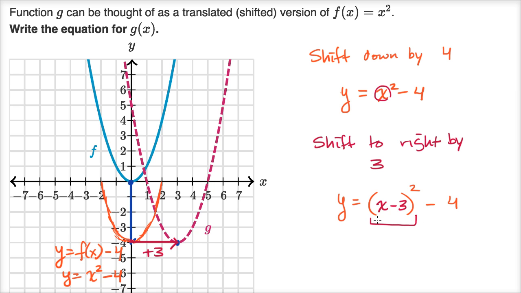But there you have it. That is our equation for g of x. So g of x is equal to x minus 3 squared minus 4. This part tells us that we are shifting down by 4, and this part tells us that we are shifting to the right by 3.